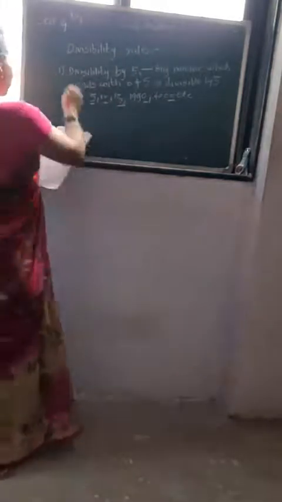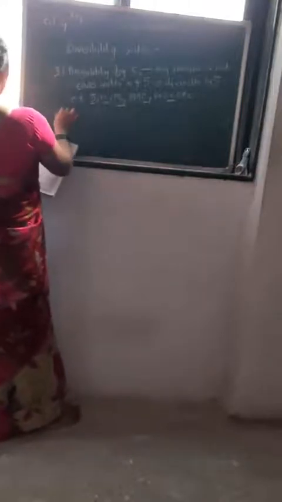This is third rule. Fourth rule is divisibility by 10.